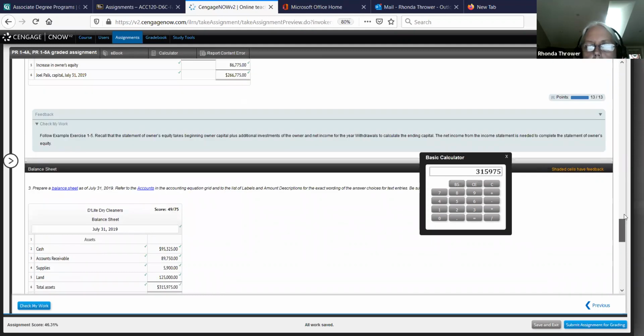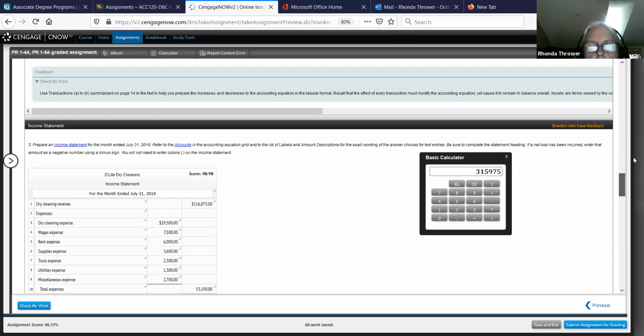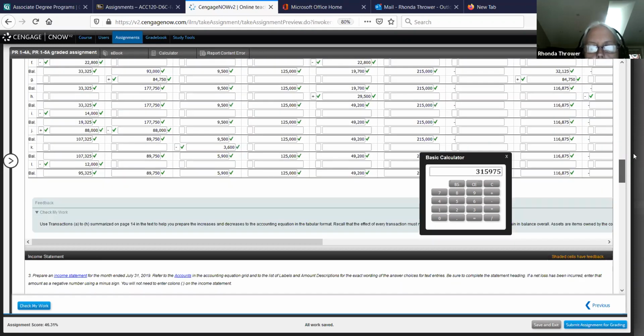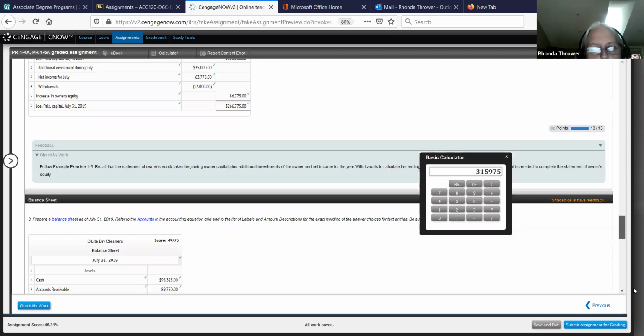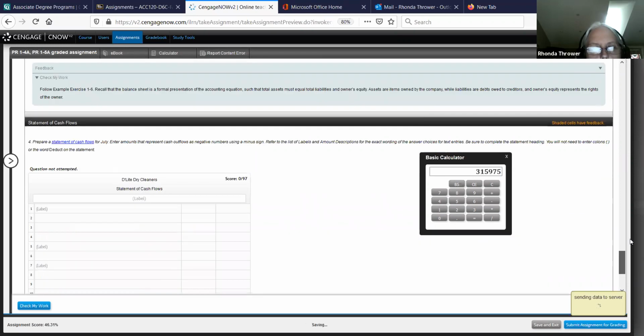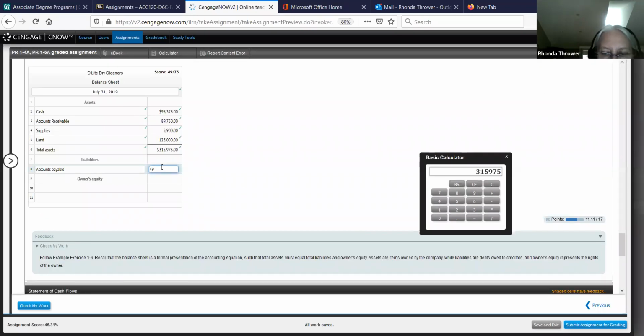And again, I forgot what it was, so I'm going to check back up here and look at my accounts payable balance. 49,200. And then I'm going to go to my owner's equity. Now, the account name is just the name of the owner, which was Joel Polk.